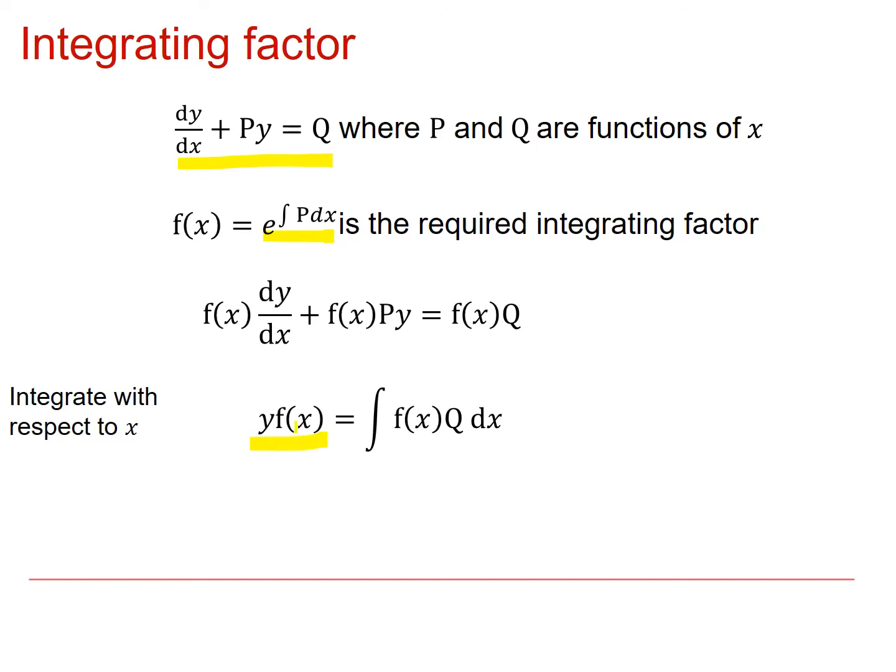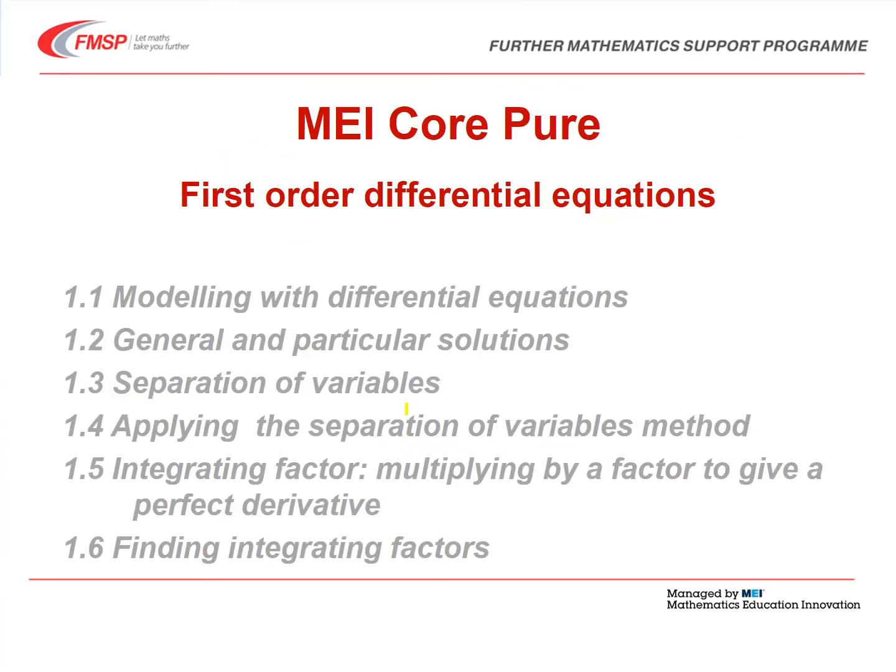So I've got the integrating factor times y is equal to the integral of the integrating factor times q. And that should all then just work out. This will work for all first order linear differential equations that match this format. That was the final video in this sequence for first order differential equations.